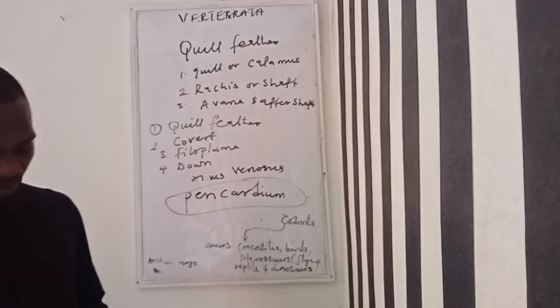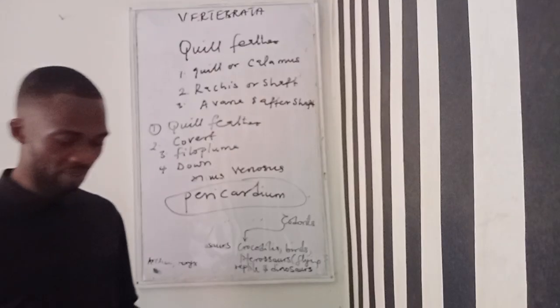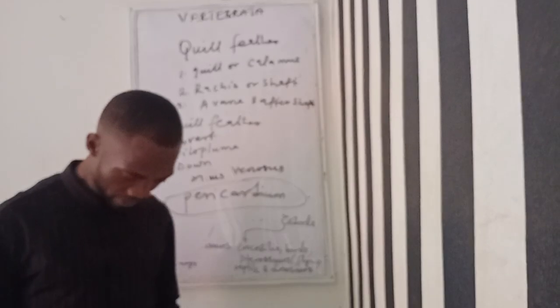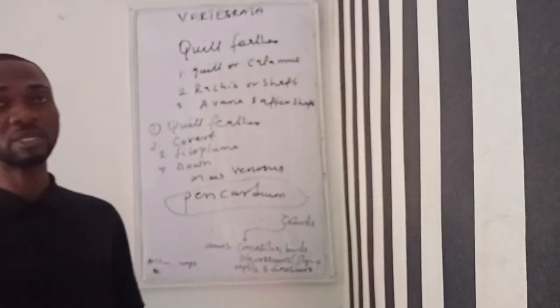One of the most important characteristics of mammals is that they have mammary glands. The mammary gland is just a modified skin gland, and it secretes milk for the nourishment of the young.